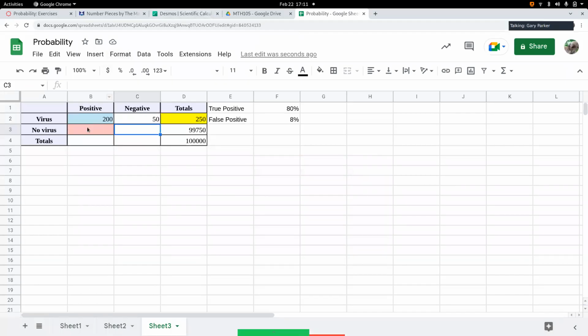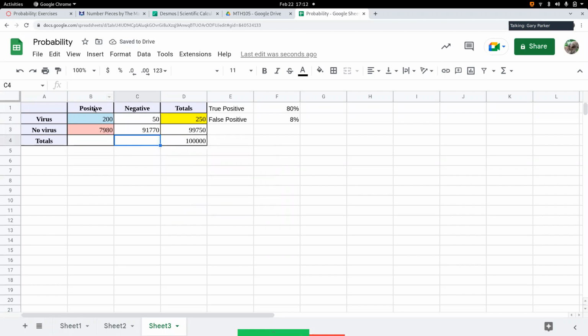So to fill in this cell right here, I want to know what is 8% of the number of people that don't have the virus. And then the remaining people from that 99,750 are just the difference between these two numbers in that row. So here I'm just going to take the total of that row, subtract the number of false positive cases for this instance, and I've got that there.